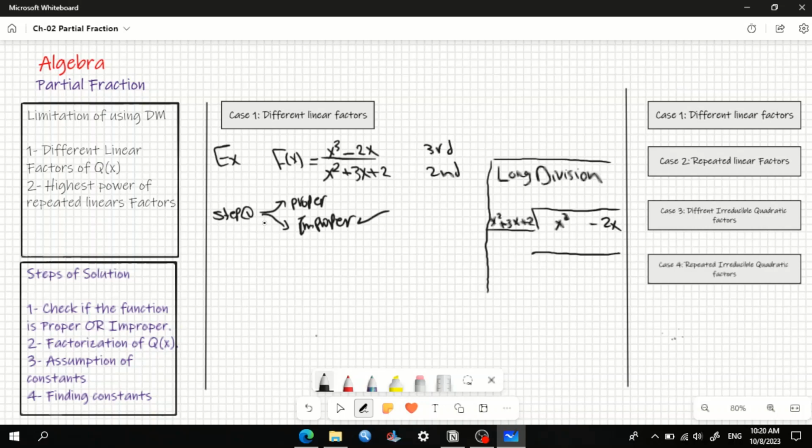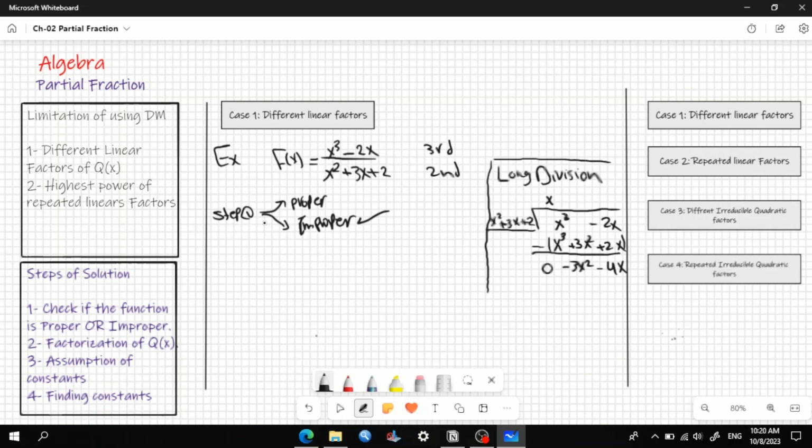So by dividing x cubed by x squared we get x, and we multiply x by the divisor: x cubed plus 3x squared plus 2x, and then subtract this from this. Here we have 0, minus 3x squared minus 4x.